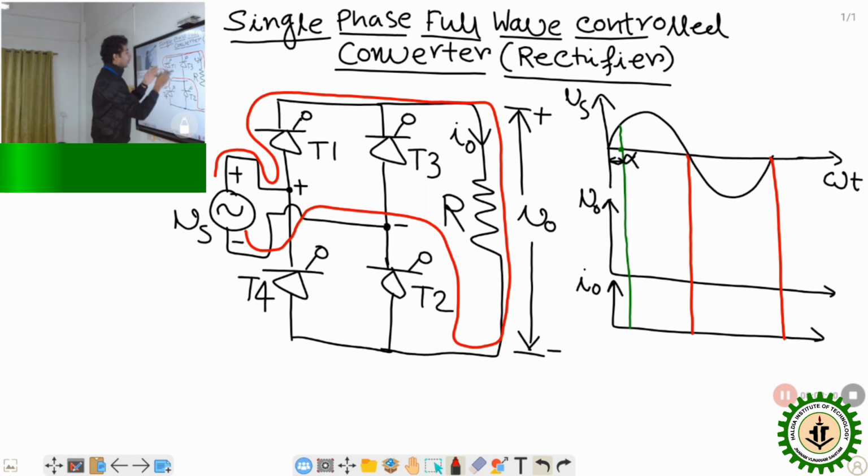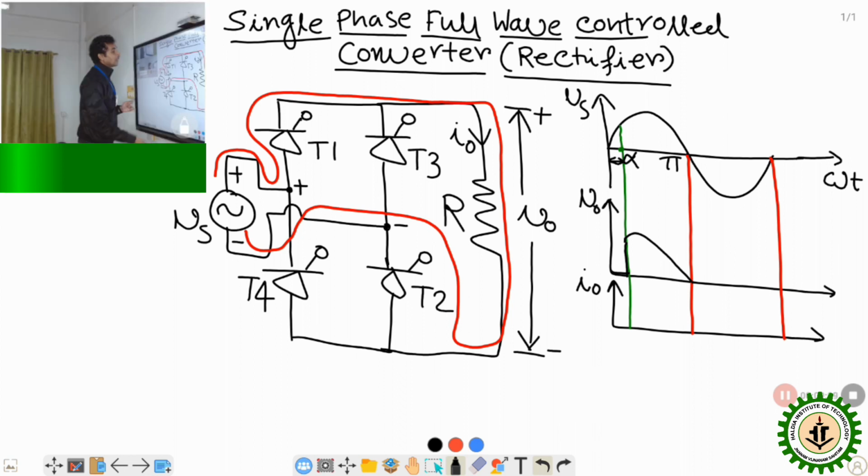Before alpha, all the 4 thyristors are off. So before alpha, output voltage is 0. After that, whatever is the supply voltage through T1 and T2, it will appear across the load. So from this point, this voltage will appear across the output, up to point pi.